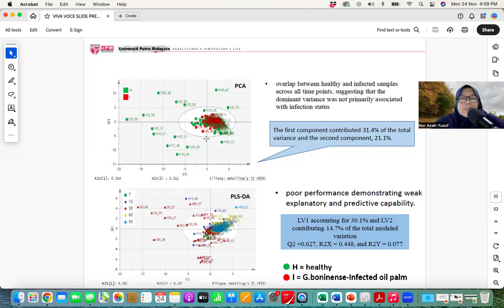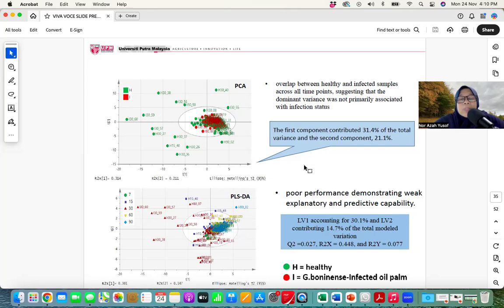Not to say very significant difference, but there is a certain percentage of pattern segregation between infected and healthy.